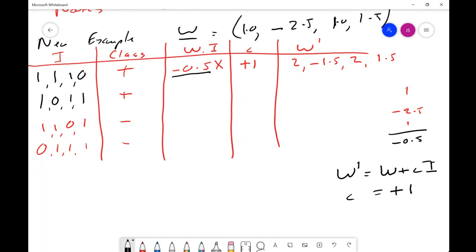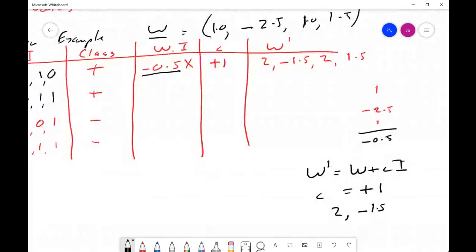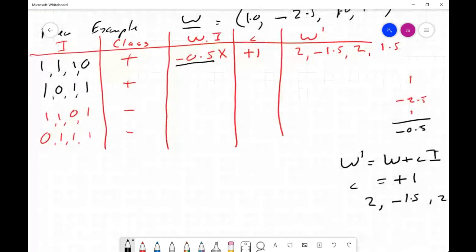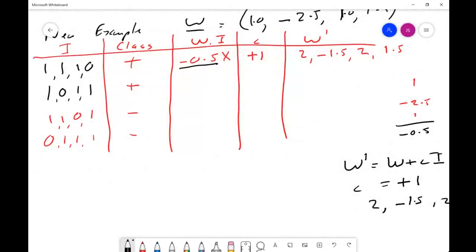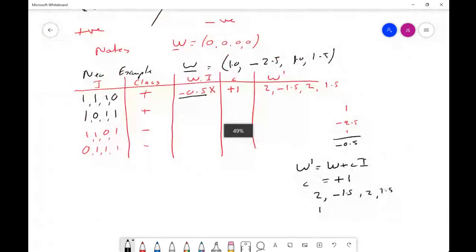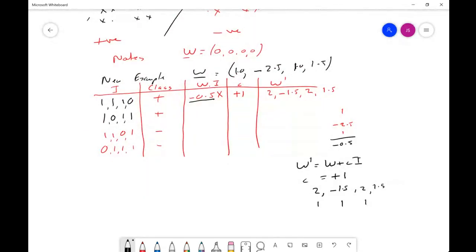Negative response, we want a positive response, add, and so we are going to have the original weight vector, which is 2, minus 1.5, 2 and 1.5. And we are adding to that 1, 1, 1, 0. Add them up.